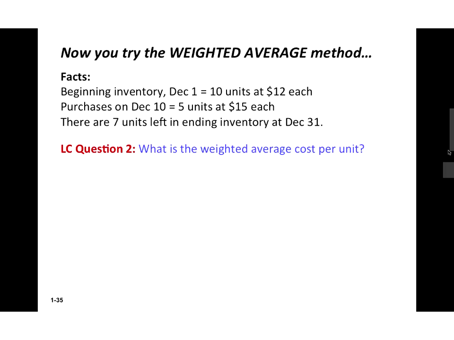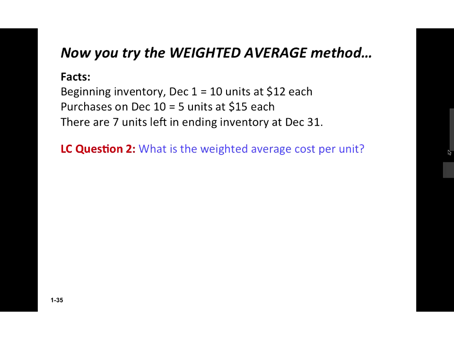Weighted average cost per unit. You're going to have to do a little math, but the weighted average cost per unit is the total cost of goods available for sale, which we did at the beginning when we introduced this question. That was the 195 that you had. Then you divide that by the number of units available for sale, which is the 10 plus the 5, or the 15.